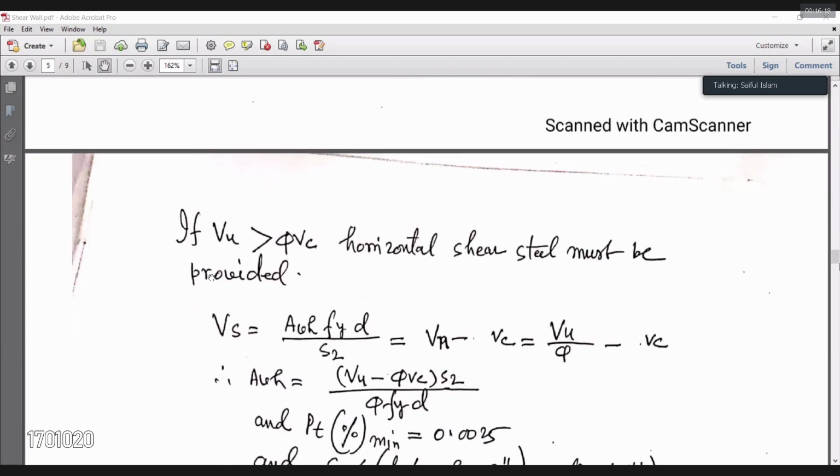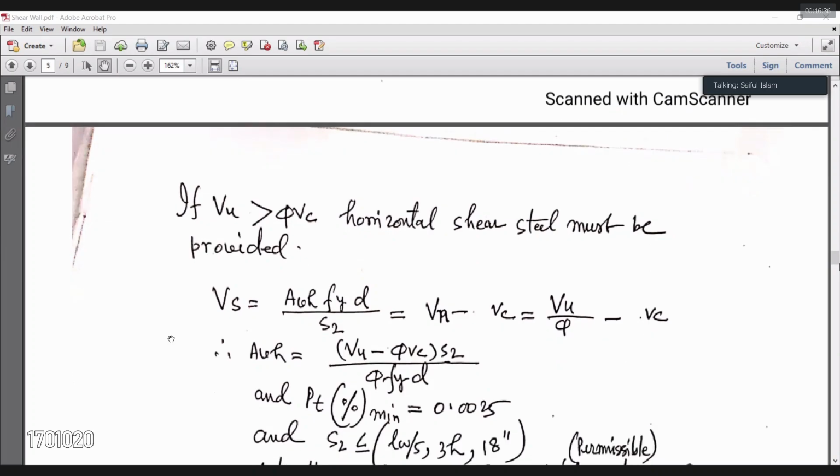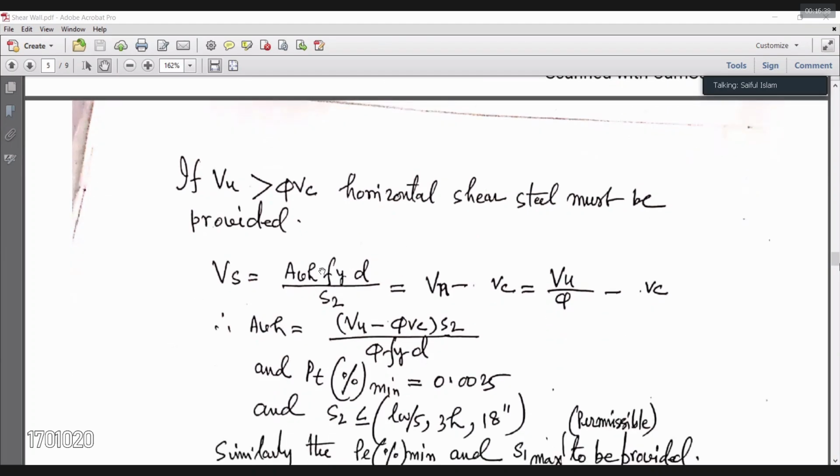Now, another condition, if Vu is greater than φVc, step by step we are proceeding. If the condition is that your Vu at a section or critical section is greater than φVc, then horizontal shear steel must be provided due to that Vu. Now, what is the formula? Just the beam formula. You have already derived Vs equal to Av fy d by S2, where Vs is equal to Vn minus Vc.